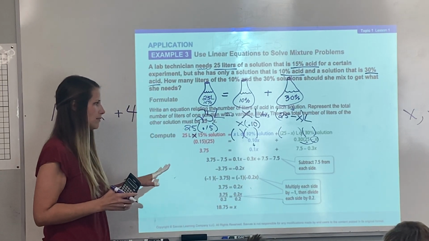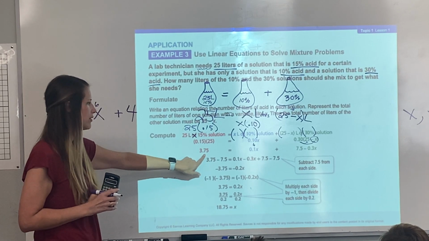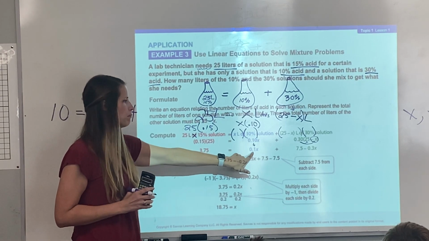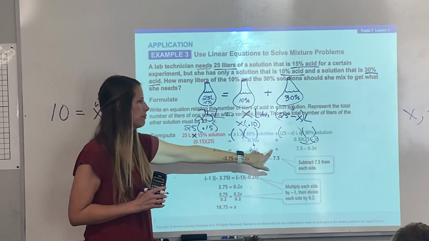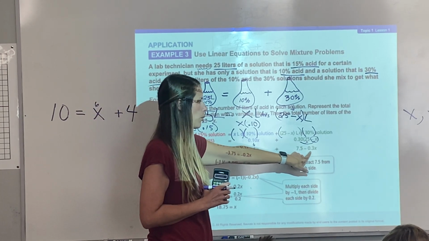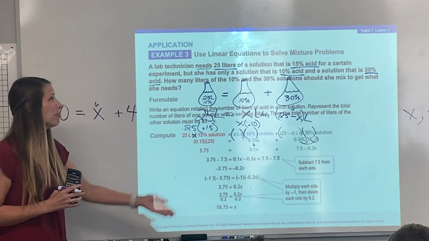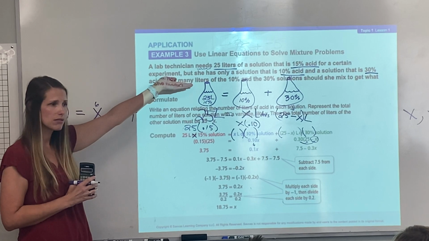Okay, so let's go over what we have. We have 3.75 equals 0.1 times x plus 7.5 minus 0.3 times x. Yes, it looks complicated, but it's a complicated situation.